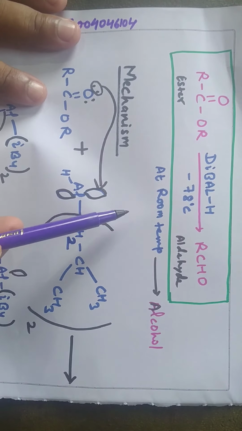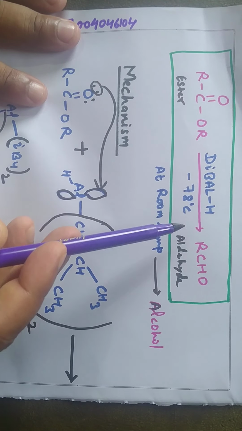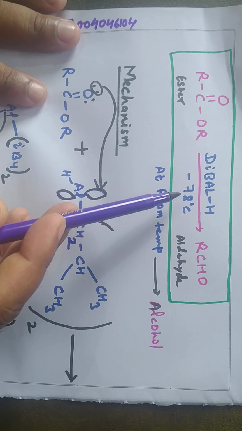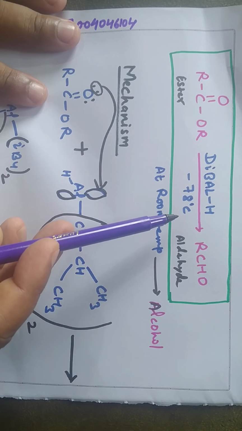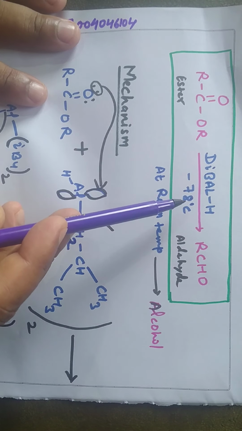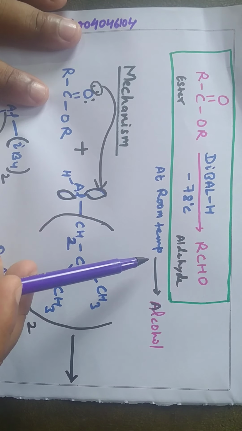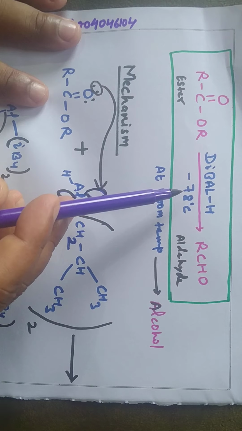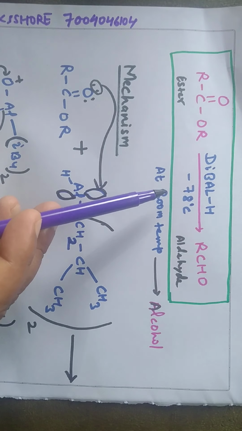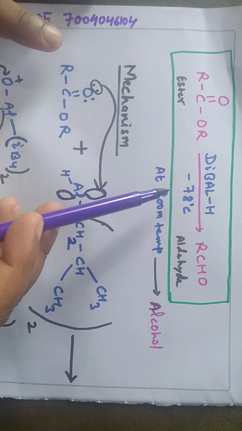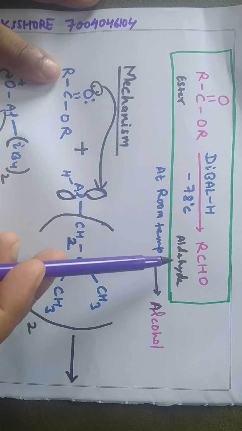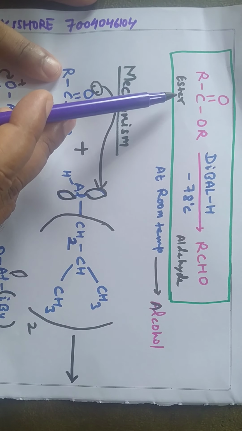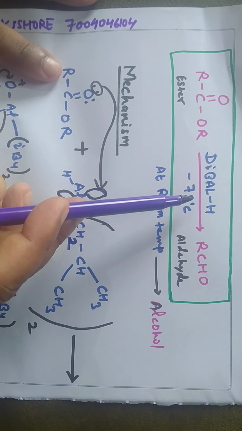Here the reaction occurs at minus 78 degrees Celsius, because if you increase the temperature up to room temperature, it will be converted into alcohol. So this temperature factor is very important. Now we have to see the formation of aldehyde from ester using DIBAL-H.